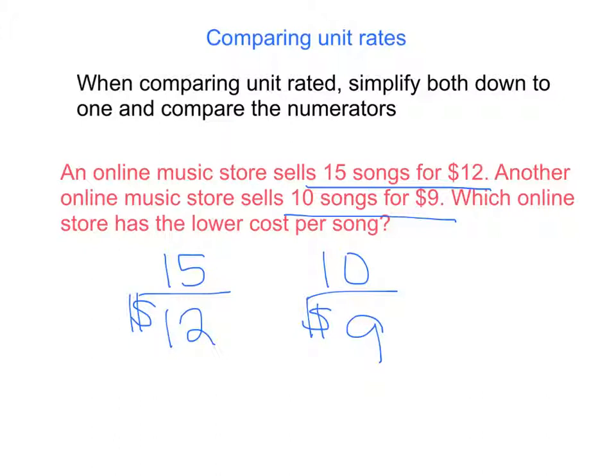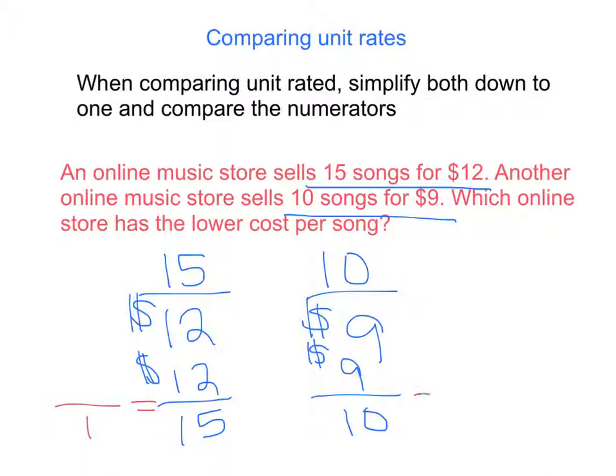So we're first going to simplify these down, and you can write it with the number of songs over the price, or the other way around, price over number of songs. It doesn't really matter how you write it, but since they want to know the cost per song and want it to get down to 1, we're going to write it with the number of songs on the bottom.